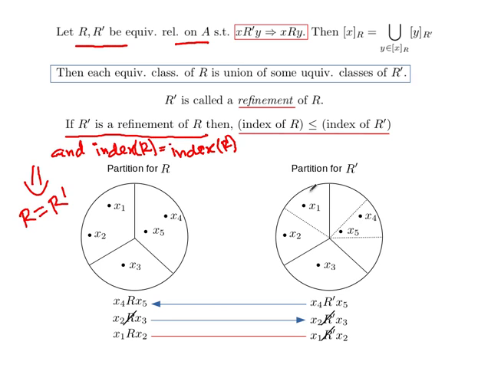Otherwise you will have more partitions here. So this is the property that we are going to use: if the indices are equal, then they are the same, provided that R prime is a refinement of R and the indices are finite.